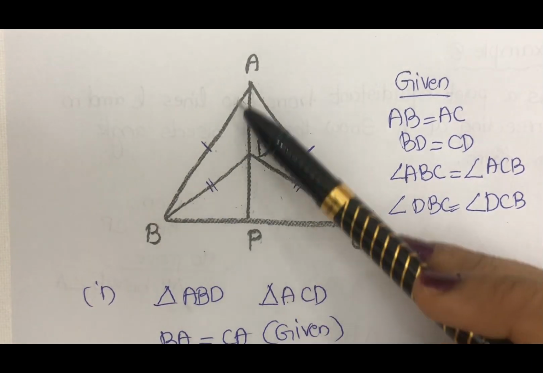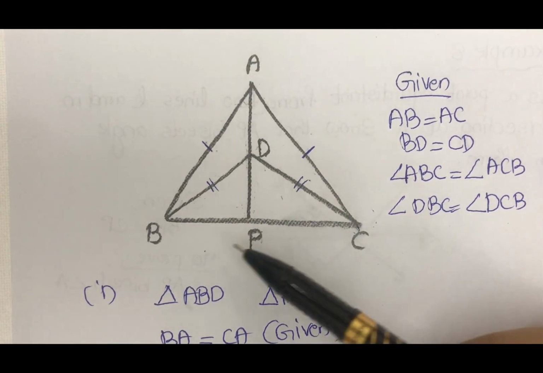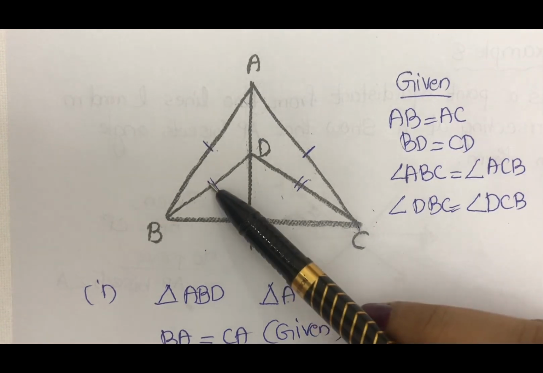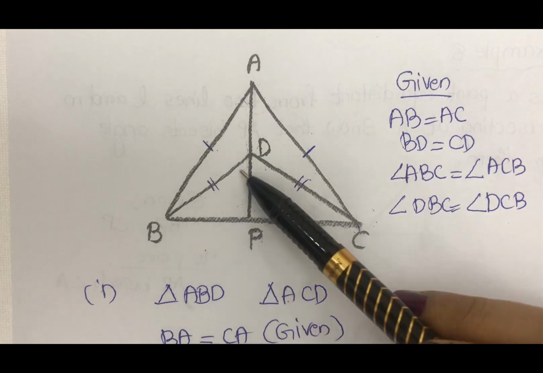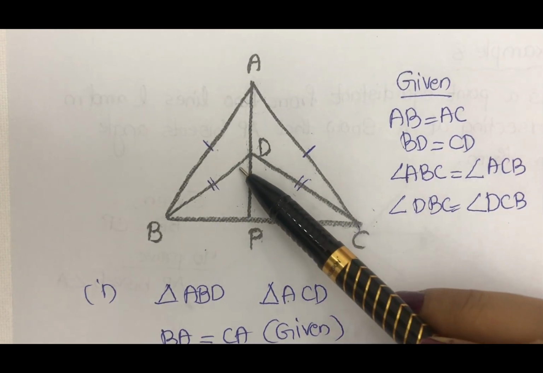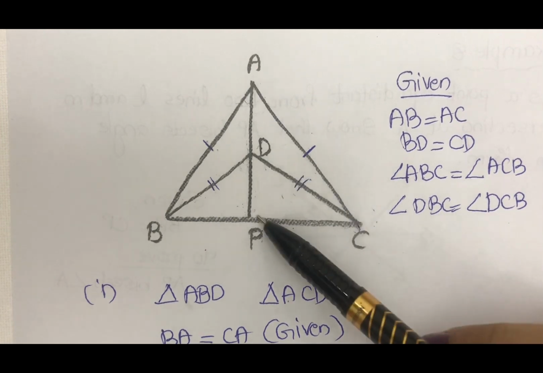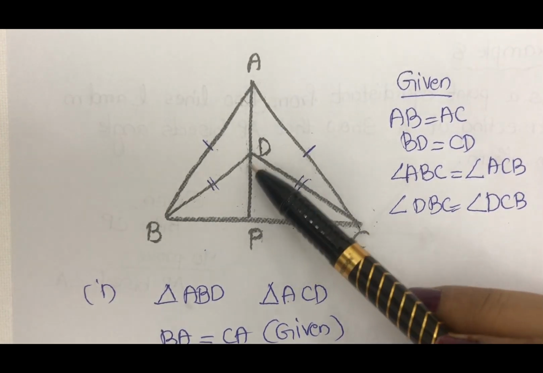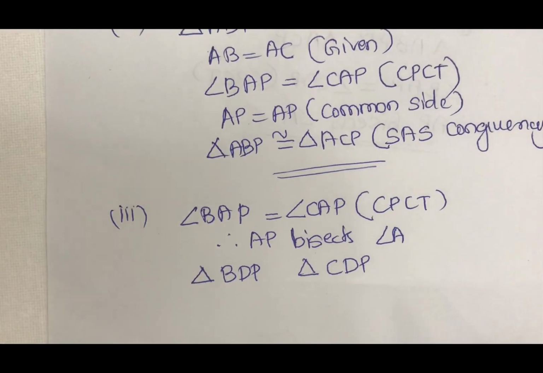Why? We have proved ABP and ACP are congruent triangles, so these two are equal by CPCT. So this is equal, this is also equal, and this is a common side. So these two triangles are congruent, and therefore these two angles, that is angles BDP and CDP, are equal. So AP also bisects angle D. Okay, we will write like this.